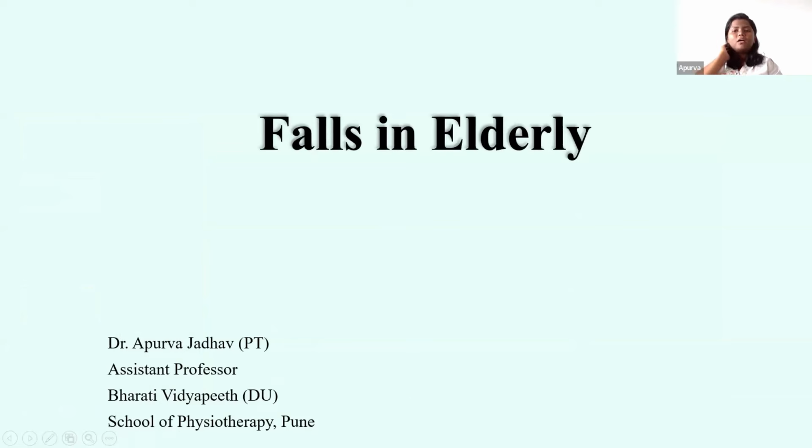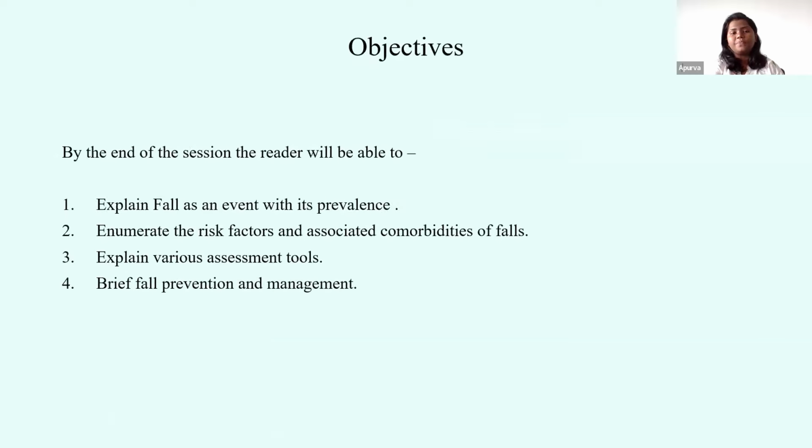So today, our topic for the seminar would be falls in elderly. As Shivani rightly introduced, I am currently serving as an assistant professor at Bharati Vidyapeeth School of Physiotherapy, Pune. Today we'll be talking about falls experienced by the elderly population, that is, the population above 65 years of age.